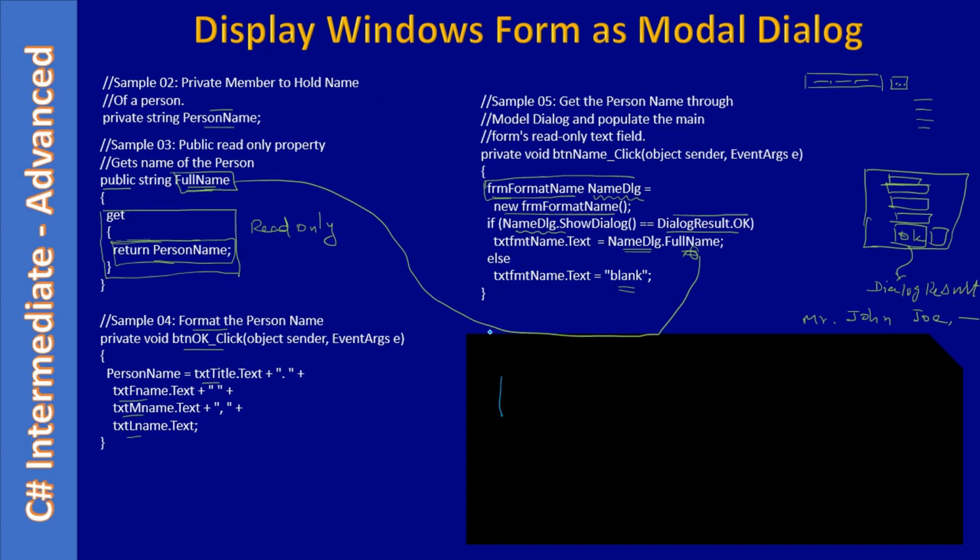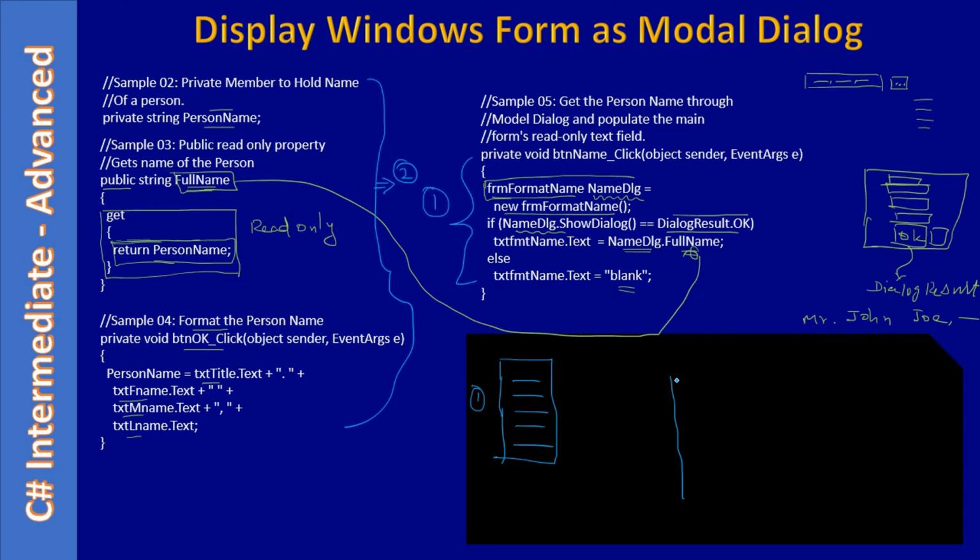So this will be our main form. This will be the code in our modal dialog. Let's say this is statement 3, which is making use of ShowDialog, and this is our modal dialog code.